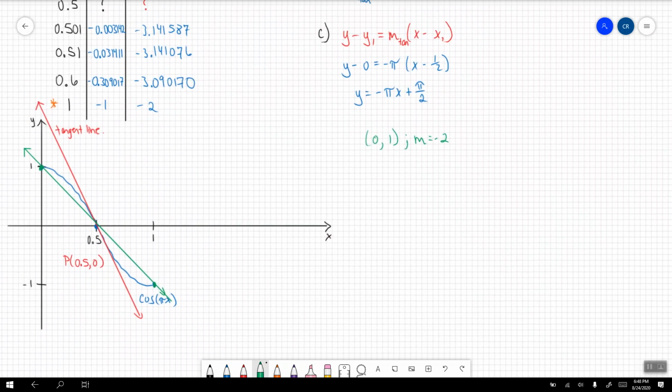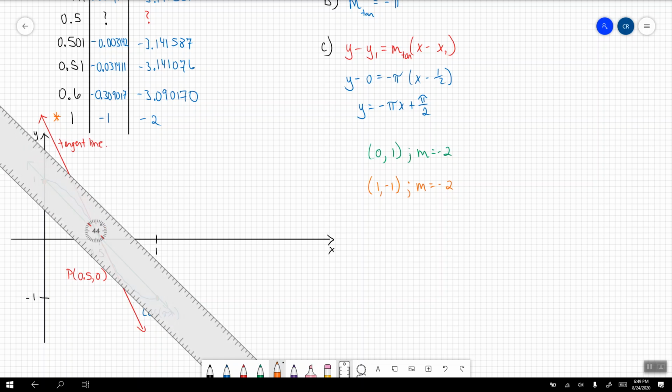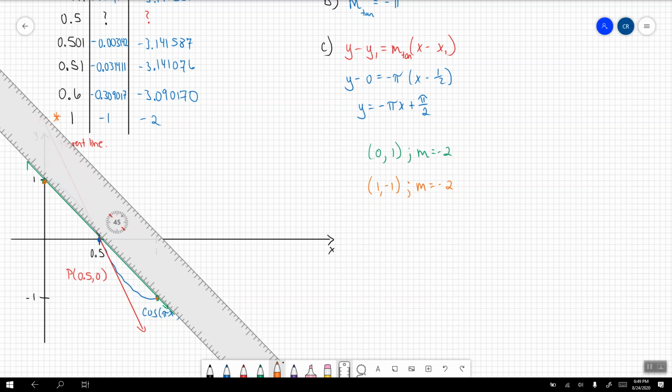Now let's look at the next equation. The next point here is 1, -1, and it has a slope of -2. So I go over to 1, down to -1, has a slope of -2, and guess what happens? It's the exact same line. So that's kind of neat.